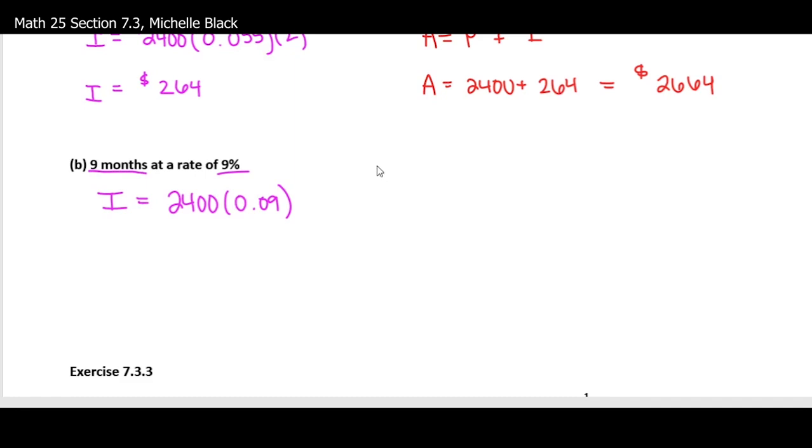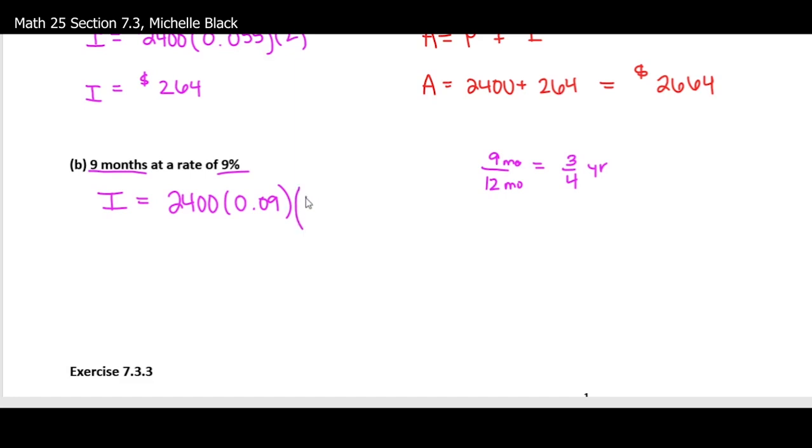So I need to figure out how can I write 9 months as some part of a year. Well, a year is 12 months, so I have 9 out of the 12 months. Or simplifying that fraction, I get this is 3/4 of a year. So I'm going to multiply by 3/4, or if you want, you could write 0.75.